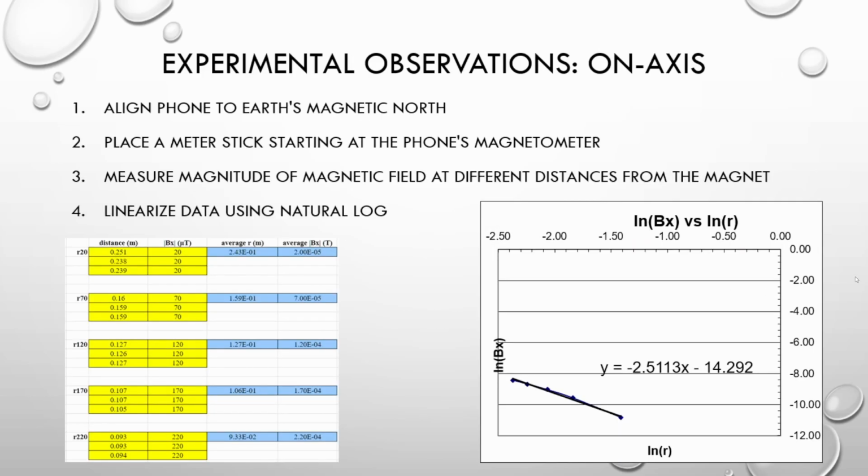For determining the magnetic field on axis, we first made sure that the phone was aligned to the Earth's north-south axis, and a meter stick was in place along the phone's edge, and the magnetic field was measured by the magnetometer at multiple distances from the bar magnet. The data were linearized using the natural log, and here's the graph, and here's the data.